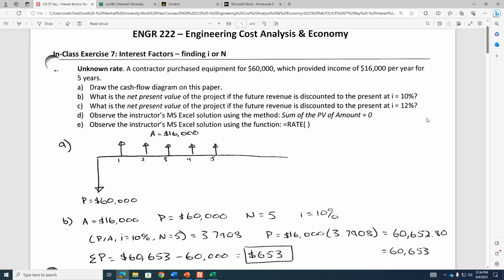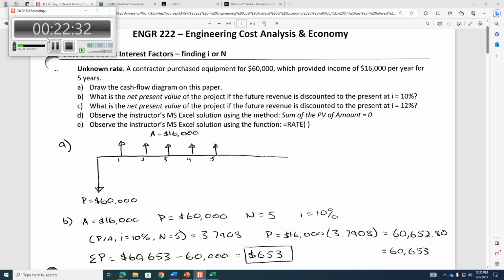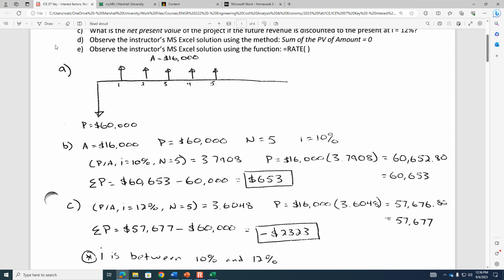Okay, the solution for part B is on the screen if you want to have a look. In the diagram, we've got a down arrow at the present and then up arrows each year for 5 years, and the labels are an important part of this.